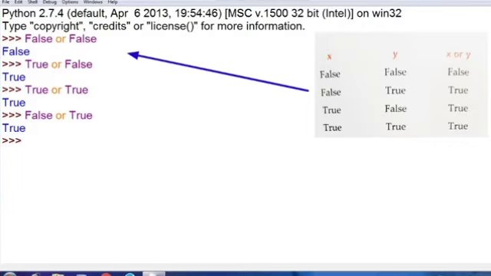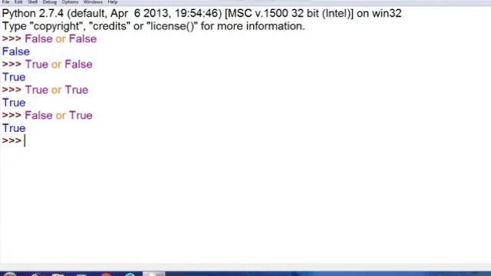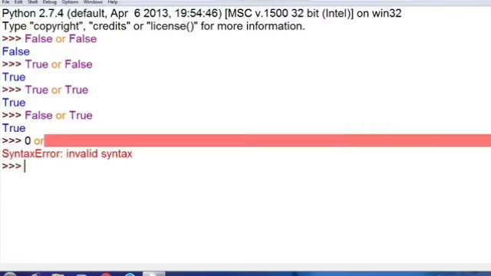Now let us check with some numbers so that we can understand it in a better way. Suppose I have written here 0 or 0. So 0 has a truth value of false, and 0 also has a truth value of false, so it will give you the answer as, okay, let me write it again because 0 got omitted, that is why it was giving me the error. 0 or 0. So it gives you the answer 0, because false or false is false.